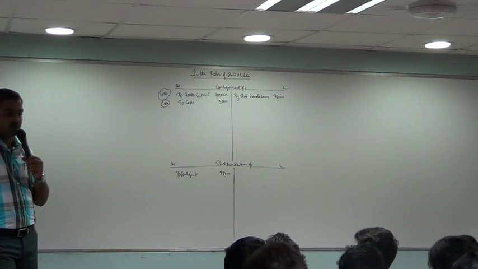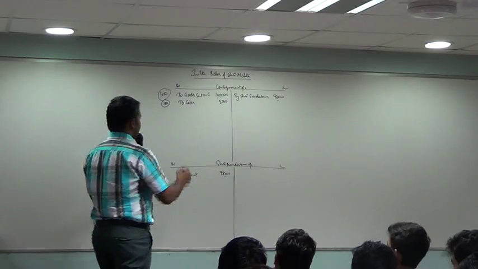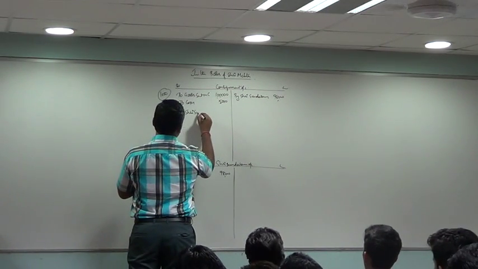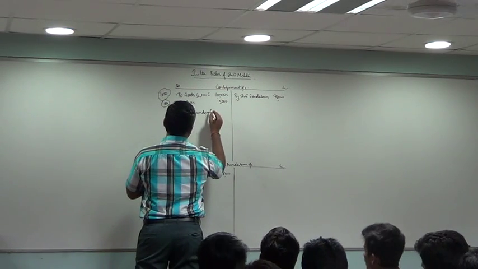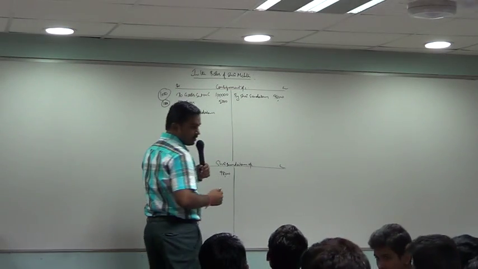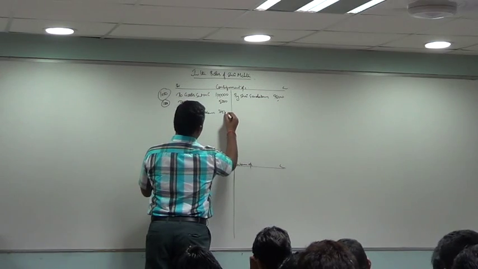So what is the entry you pass when consignee is paying expenses? What is the entry in the books of consignor? Consignment account debit to Sri Sundaram account. How much? 3150.